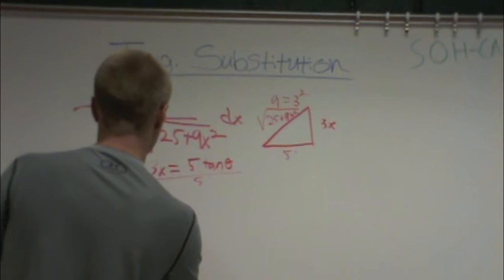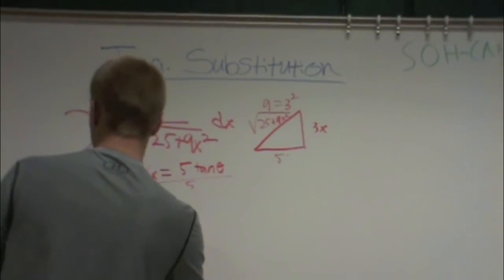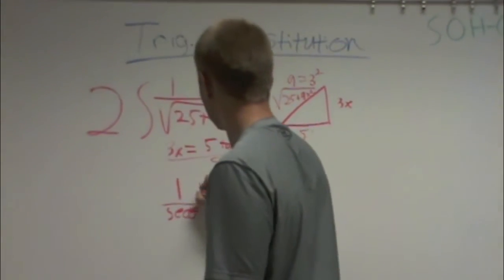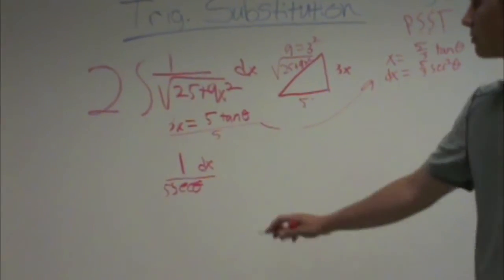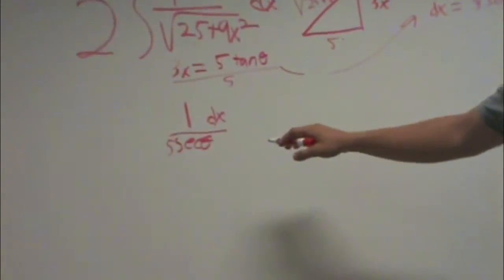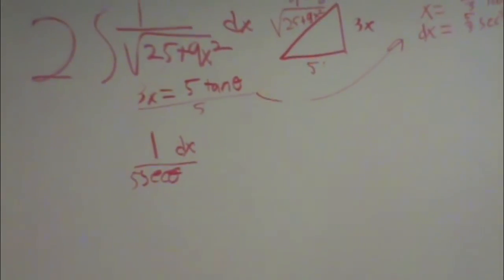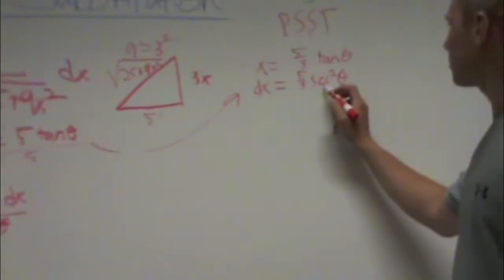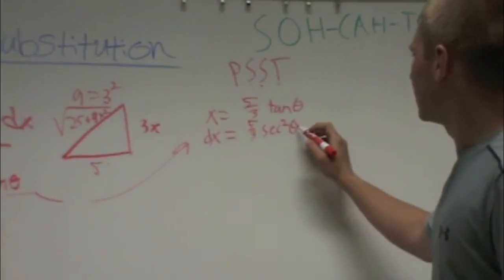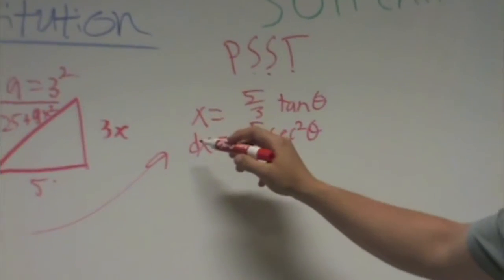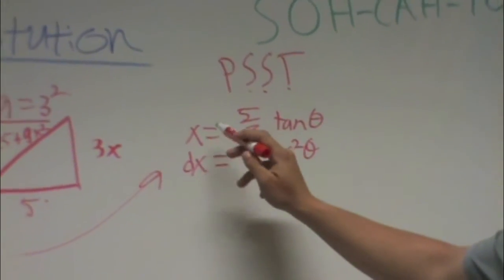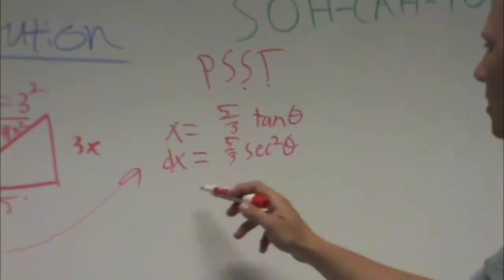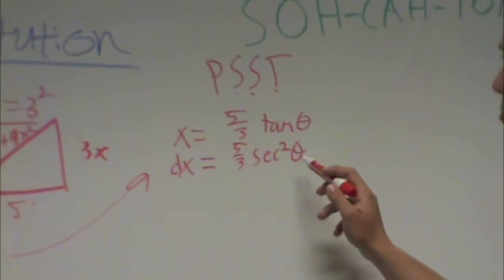So we got secant, dx. Alright, we saw the dx on the top though, so we're going to have to plug in for that. We have our derivative for dx right up here. It's a real simple differentiation. X equals 5/3 tangent theta, dx equals 5/3 secant squared theta.